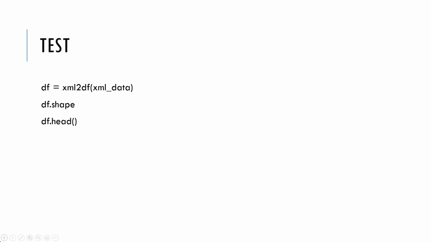This is the command df.shape, which will return the number of rows and columns in the DataFrame, and the last line is df.head. That means it will provide sample data. By default, I think it gives 10 rows of data with all the columns.